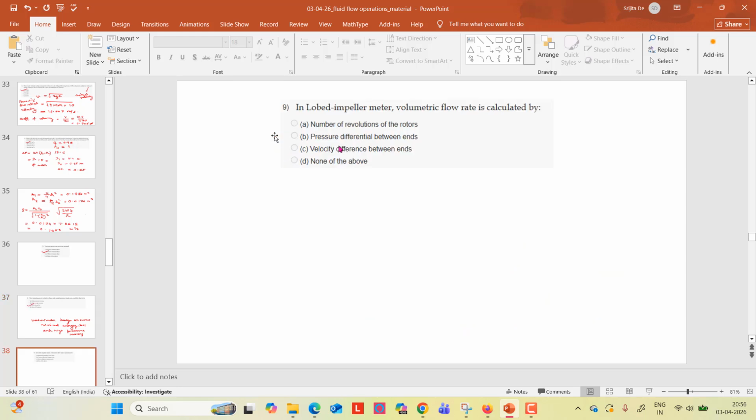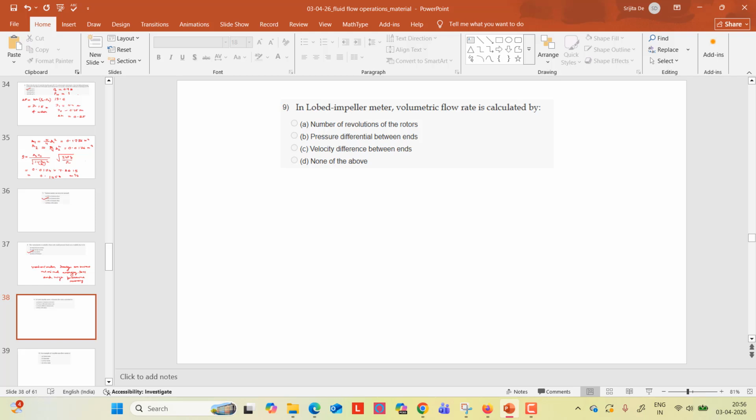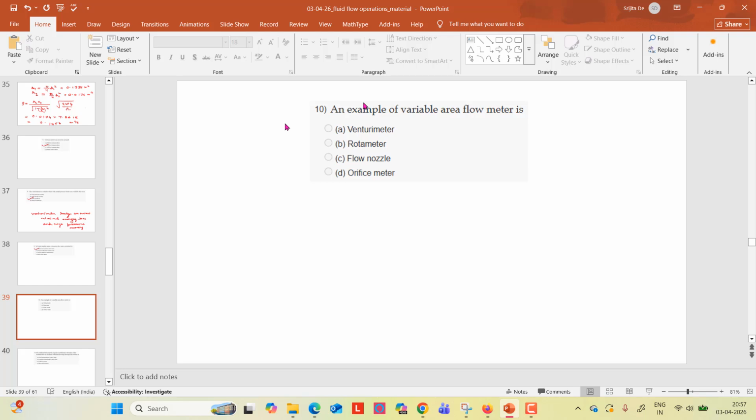Next, in a lobed impeller meter, volumetric flow rate is calculated by number of revolutions per rotor. Next, an example of variable area flow meter is rotometer.